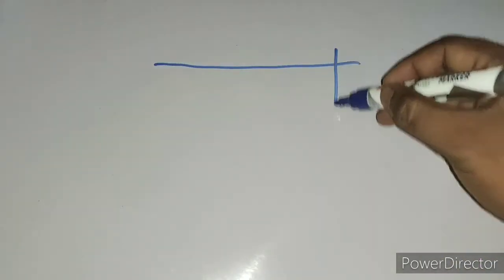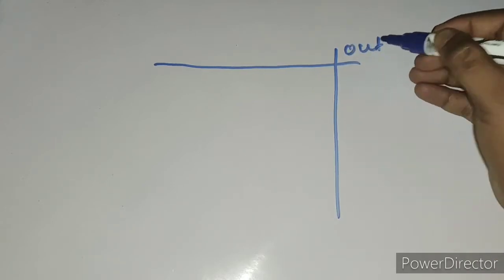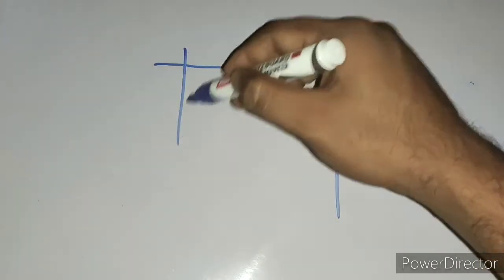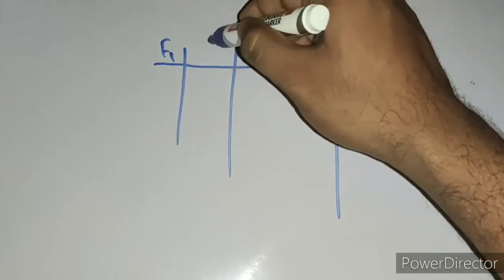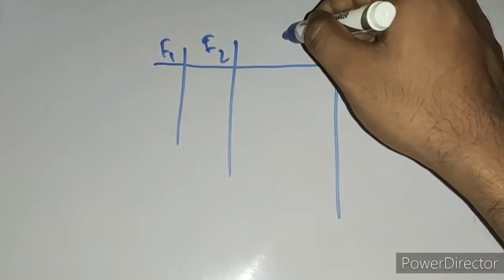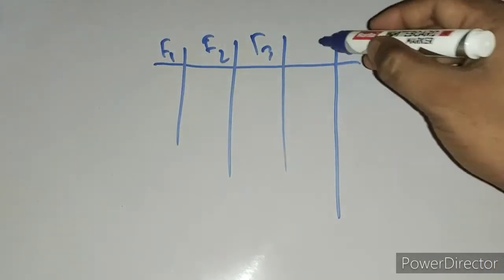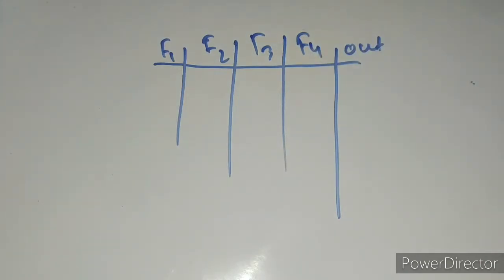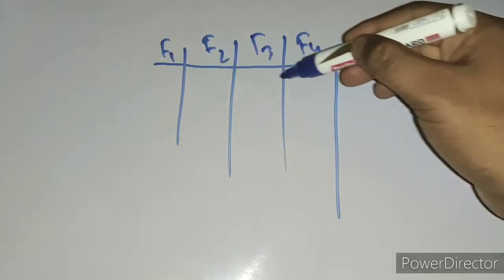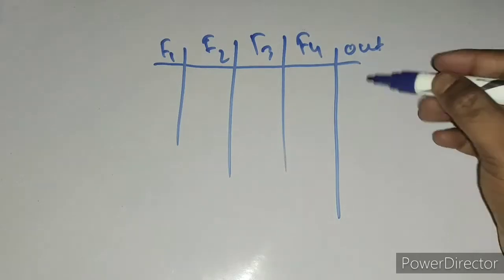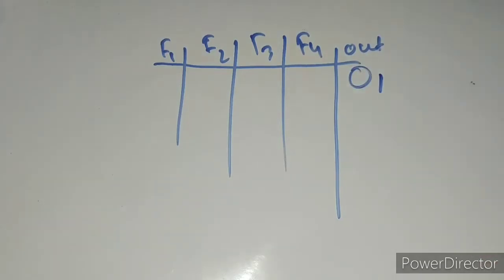Suppose this is the data set. In this data set, this is the output column, and these are some features: F1, F2, F3, F4. So based on these features, for one row we found one output.